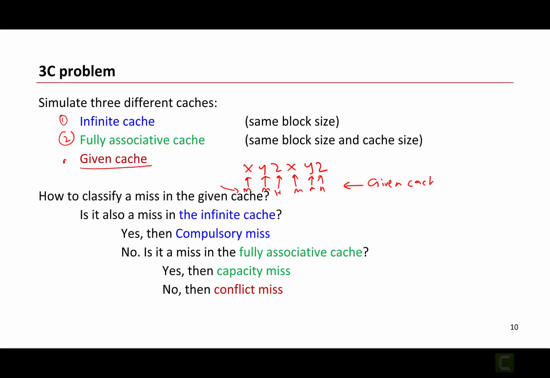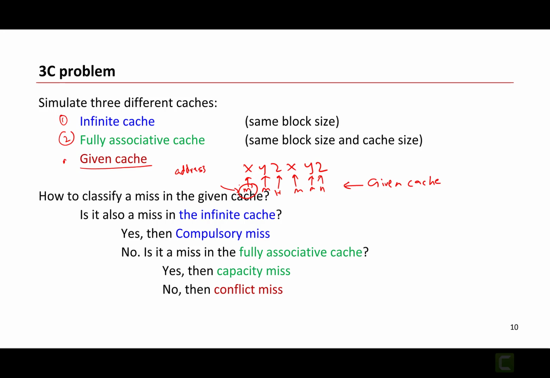You're given a cache, let's say a 2-way set associative cache with some block size and some number of cache lines. So you know what your cache looks like, and you simulated it. After simulating it for an address sequence, you were able to figure out which addresses were hits and which addresses were misses.